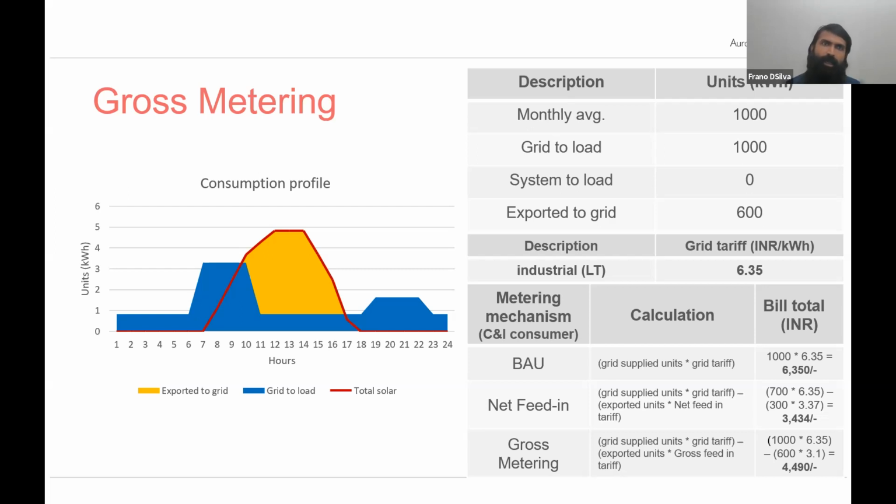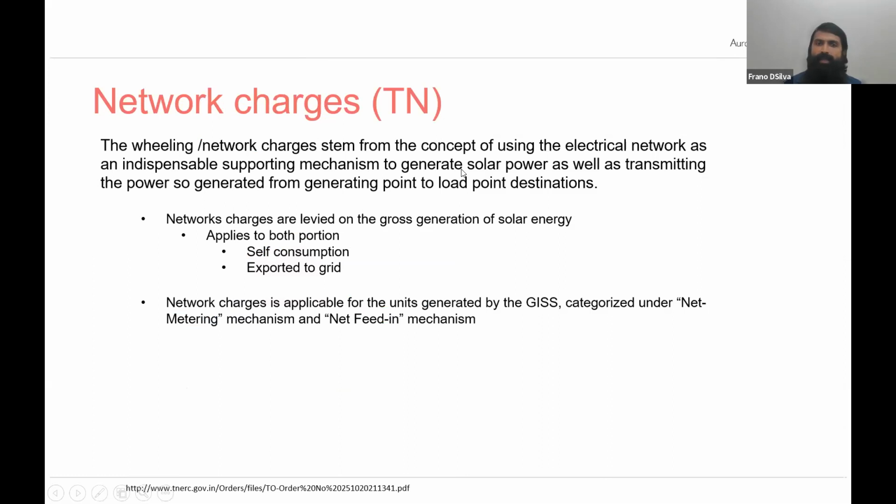Additionally, under the recent regulations, that is the generic tariff order released in the latter half of 2021, network charges were also introduced. To explain a bit about network charges, network charges are, briefly, the grid support charges for the solar energy generation by your system.